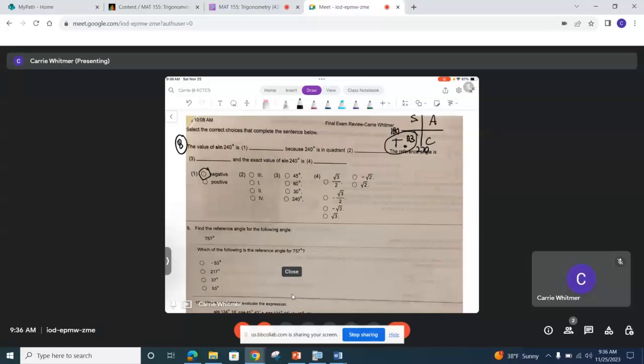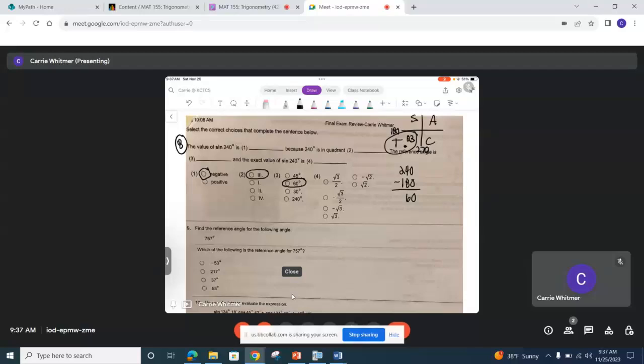And that's because it's in quadrant 3. Okay, 240 would be 60 degrees away from 180, so the exact value will match up with 60 degrees.